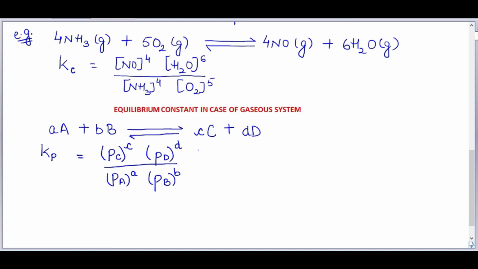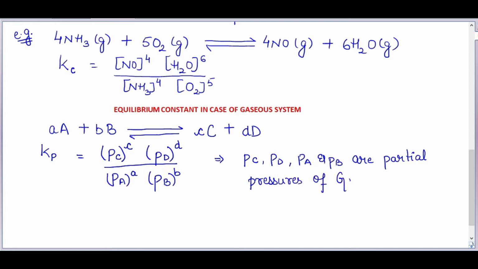So here you just write P_C, P_D, P_A and the last one P_B are partial pressures of gas C, D, A and B respectively, right?